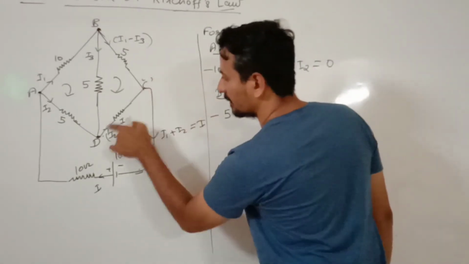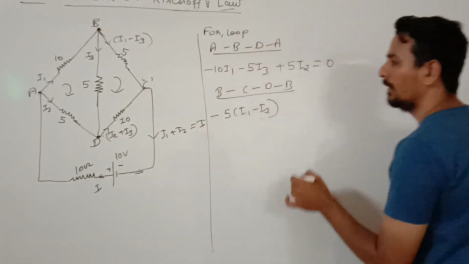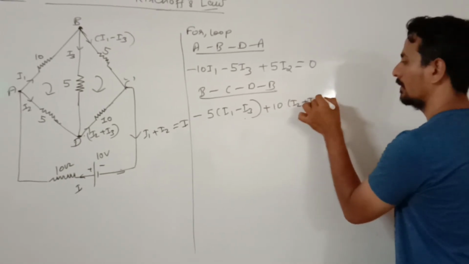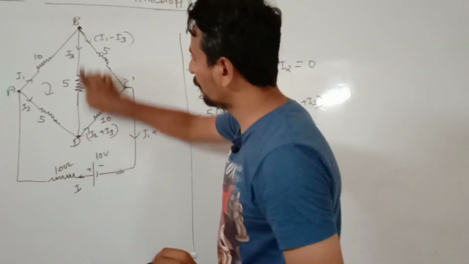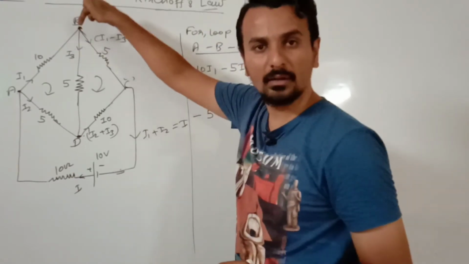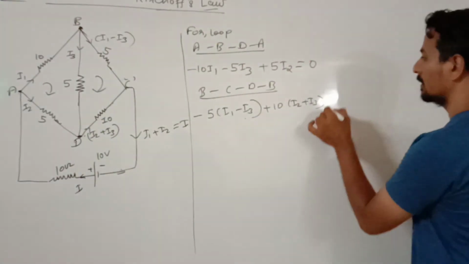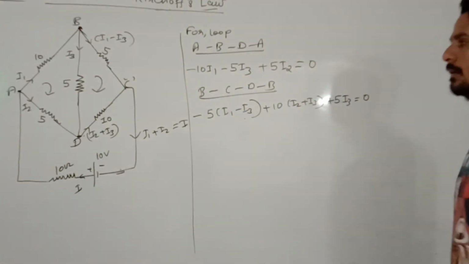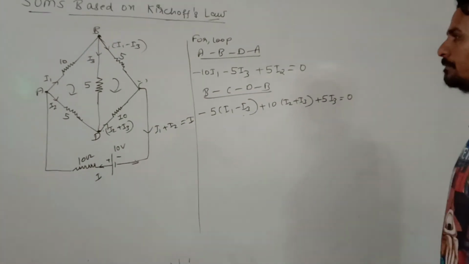Now we are moving in this direction, the current is in this direction, so the drop will be taken positive. Now we are moving in this direction, the current is flowing in this direction, so plus. This is your second loop.